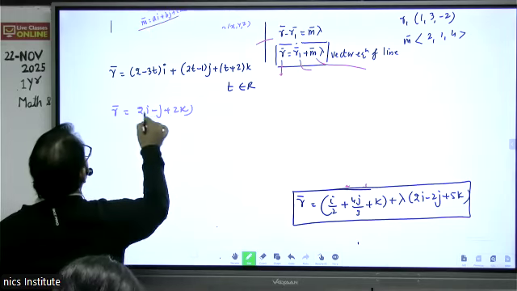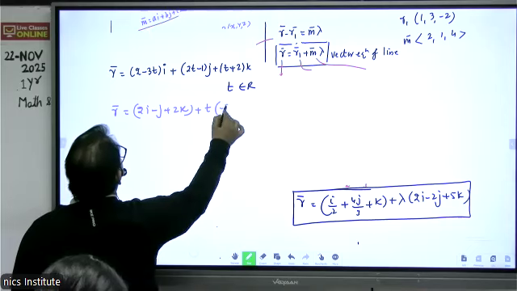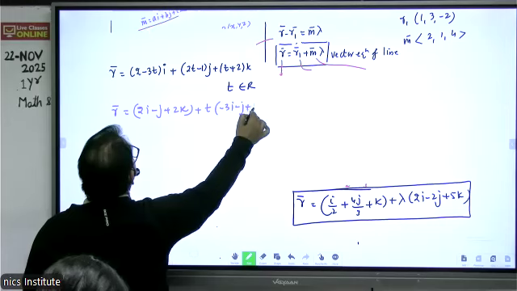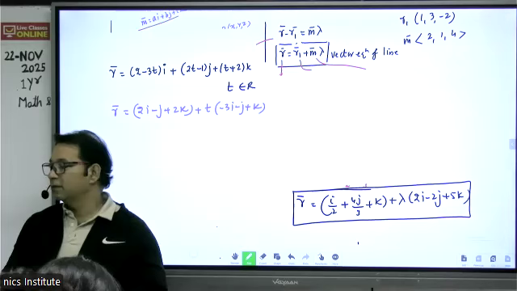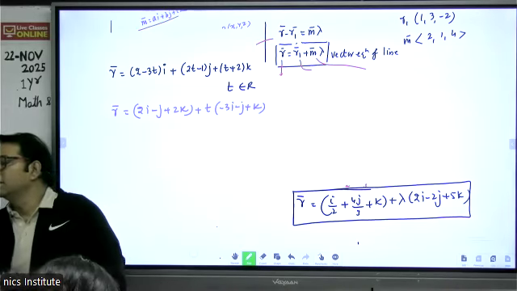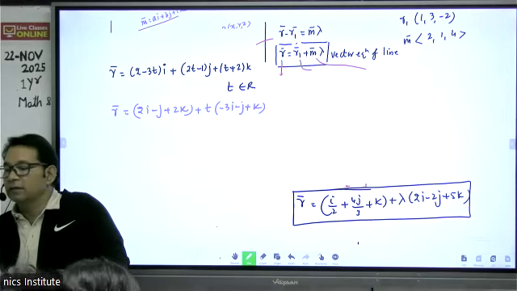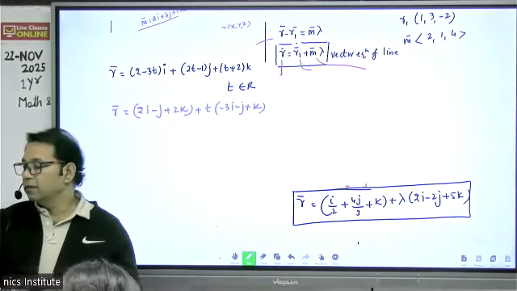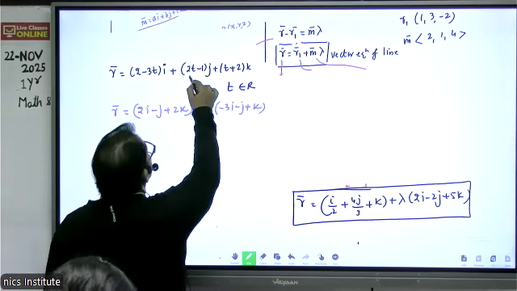So this is a given point, and t common will be minus 3i plus 2j plus k, right? So we have separated it.